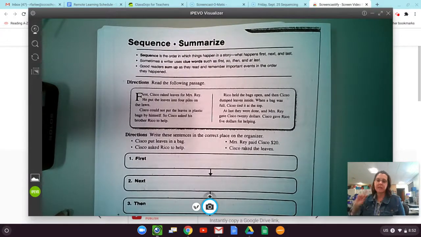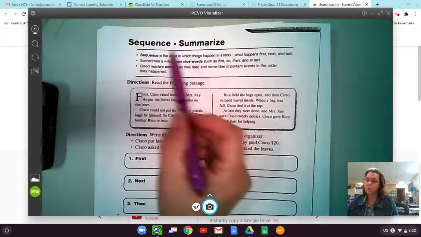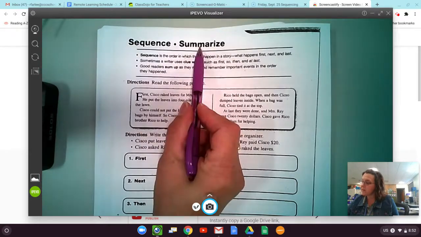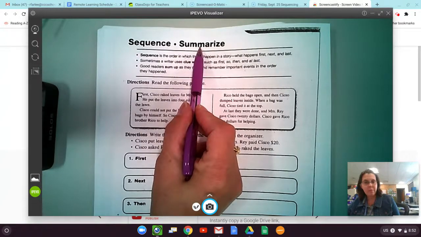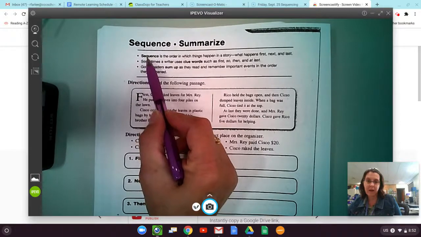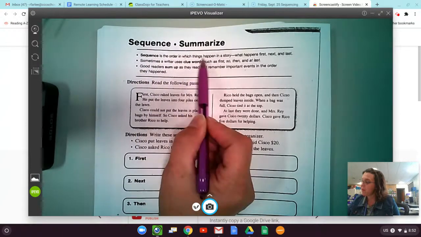So sequencing, that's talking about putting things in order, and we're going to talk about thinking about the order of the story. So we've got sequence and summarize. Summarize means to sum up the story, give the big beginning, middle, and end of the story. So if you want to follow along with me here, I've got sequence. Sequence is the order in which things happen in a story.